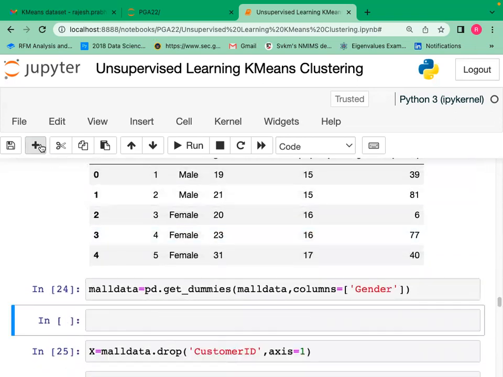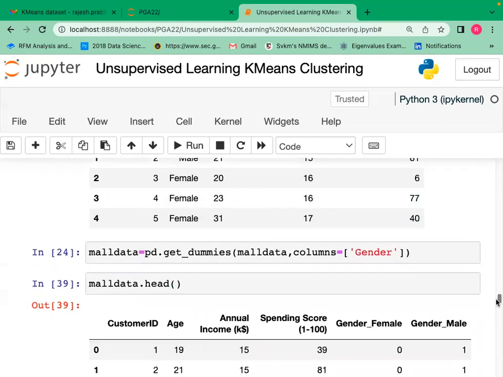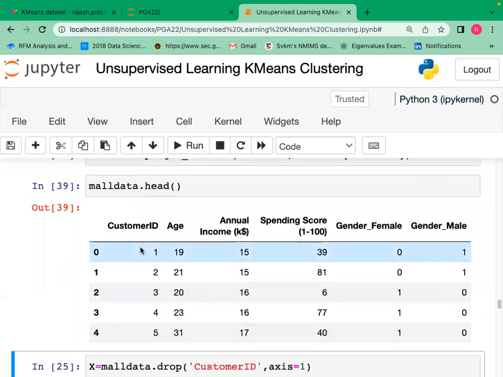If you look at the mall data.head here, it has two extra columns, gender_female and gender_male. Now I am taking only these three columns. In X1, I have taken only age, annual income, and spending score. I have not taken gender. That's why I have to re-import the data.